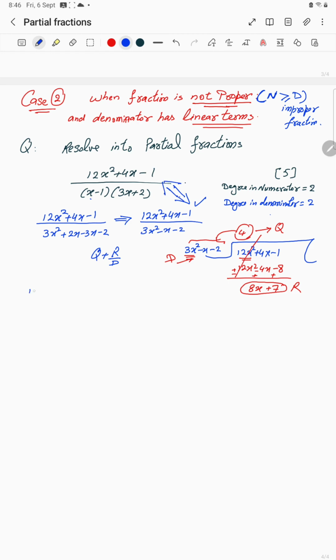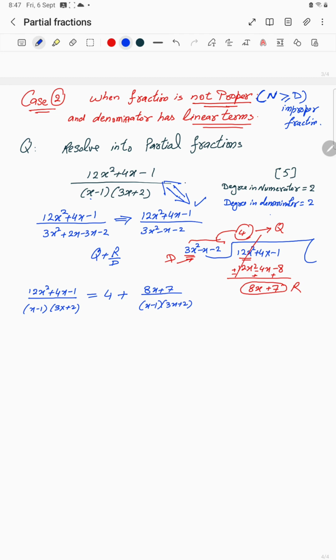Now write the original question: 12x square plus 4x minus 1, whole divided by x minus 1 times 3x plus 2, equals the quotient 4 plus the remainder 8x plus 7 over the divisor, which is the same: 3x square minus x minus 2, the same as the factors x minus 1 and 3x plus 2, right?